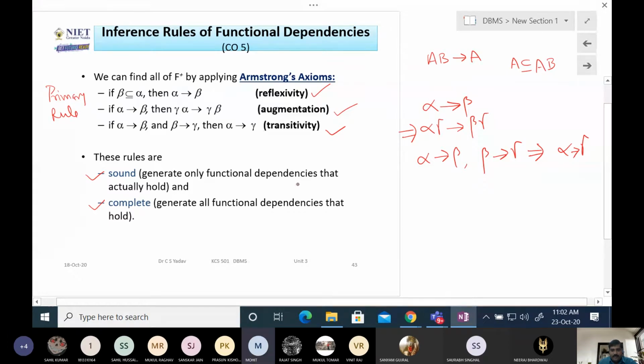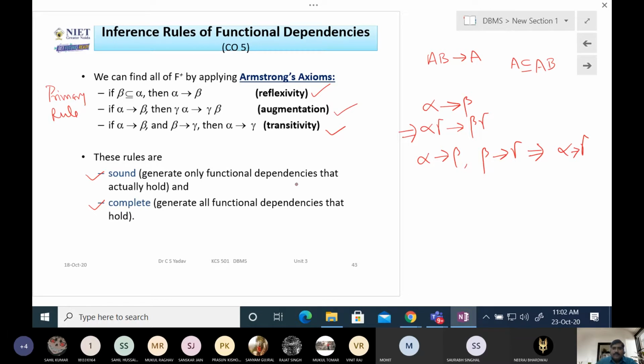Yes, sir. Okay. Sometimes question has been asked to prove these are Armstrong's axiom. Though axiom there is no written proof, but through contradiction rule or through induction rule or through explanation we can prove these rules.